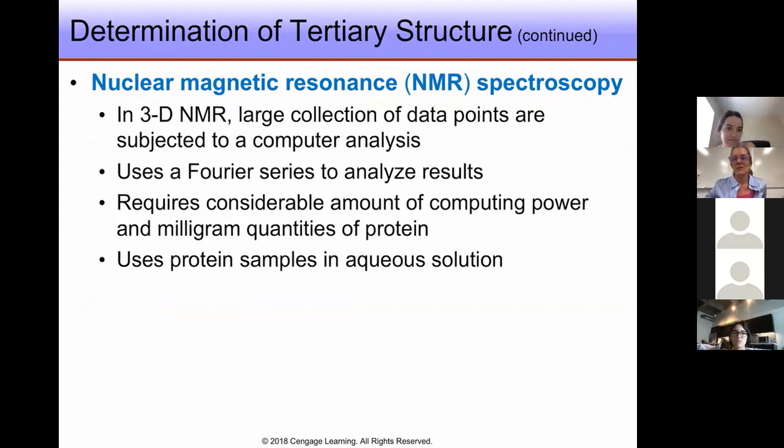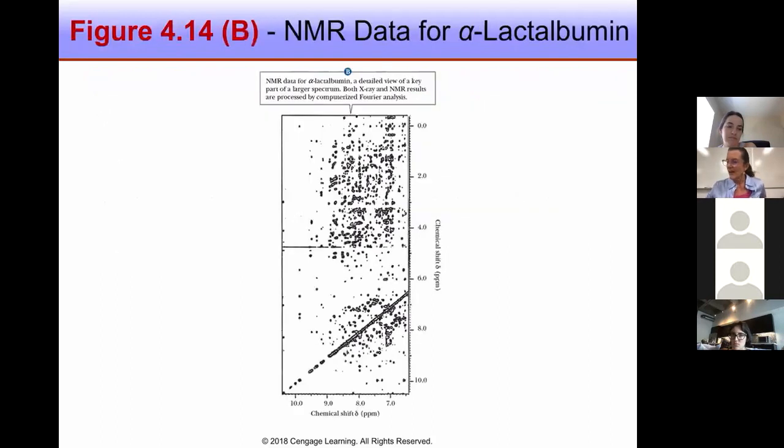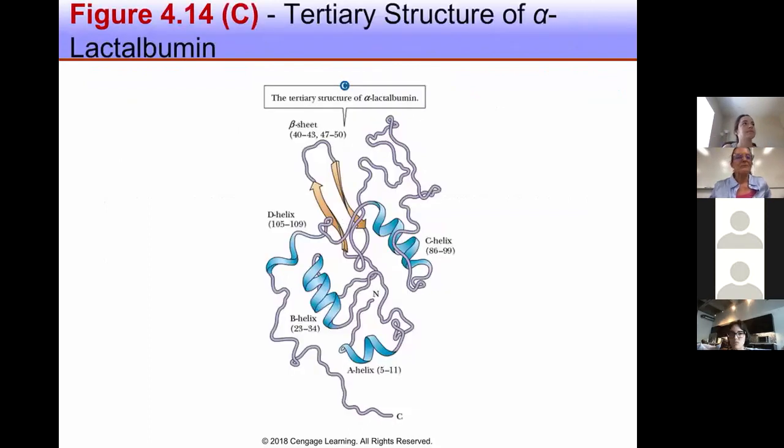We don't have to have the crystal, so we can do things like put in an inhibitor and see what it looks like, and change the temperature and see how the motions move, and all the kinds of stuff like that. So we take things that look like that in 3 dimensions and assign all those little peaks to each hydrogen and carbon and nitrogen in the protein, and then solve its structure.